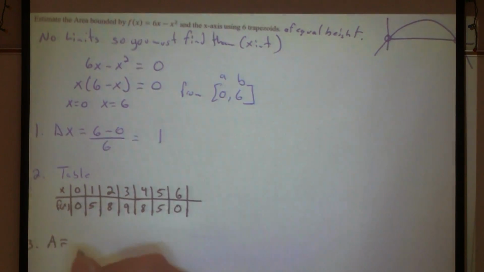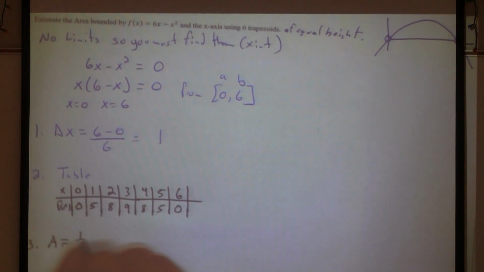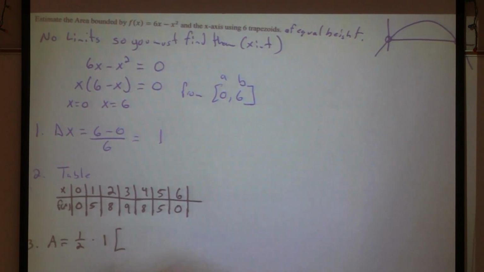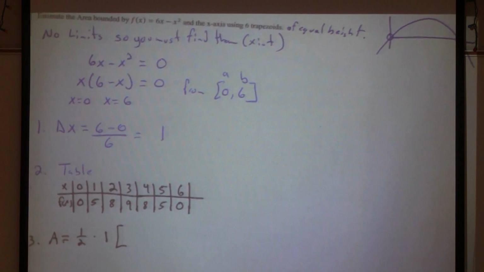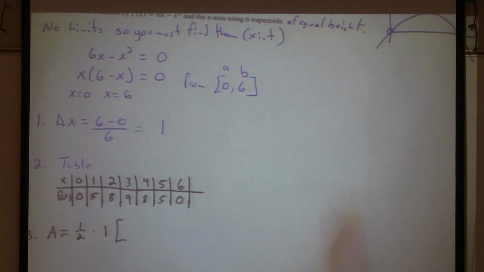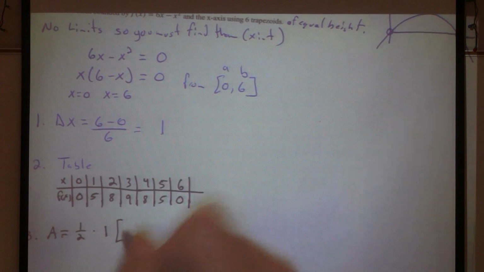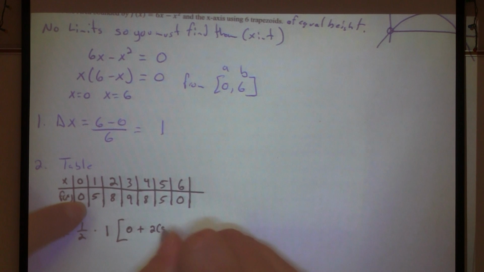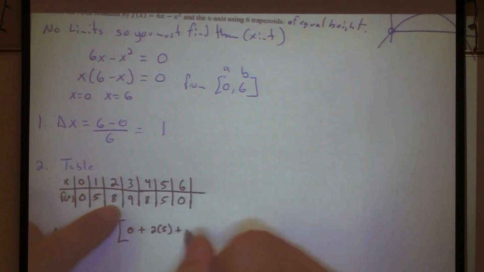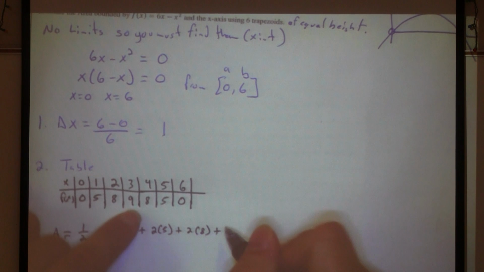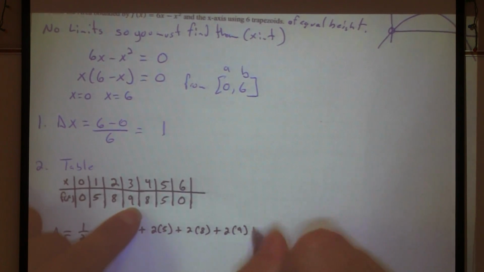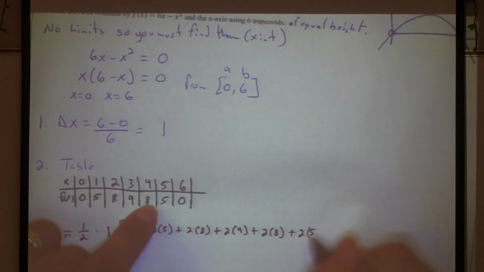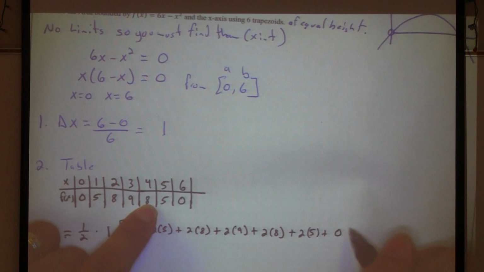So we'll have 1/2 times, what's the delta x? 1, times f of 0, but we know what f of 0 is, so let's just put the numbers: 0 plus 2 times 5 plus 2 times 8 plus 2 times 9 plus 2 times 8 plus 2 times 5 plus 2 times 0?